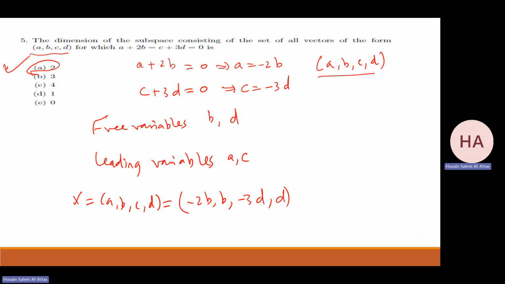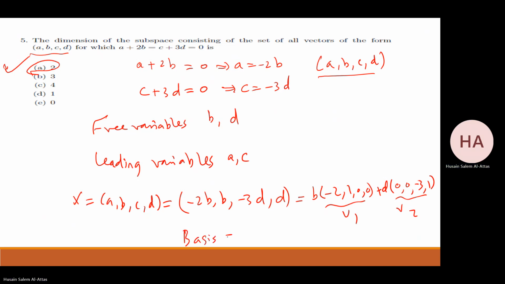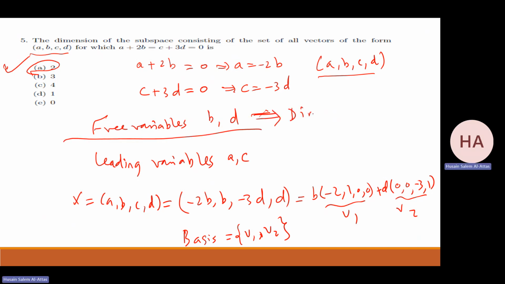I have B times (minus 2, 1, 0, 0) plus D times (0, 0, minus 3, 1). So this will be V1, this will be V2. This will give me the basis, V1 and V2. So the dimension is 2. I'm getting it from here right away. Dimension equals 2. No need to do the rest. The number of free variables.